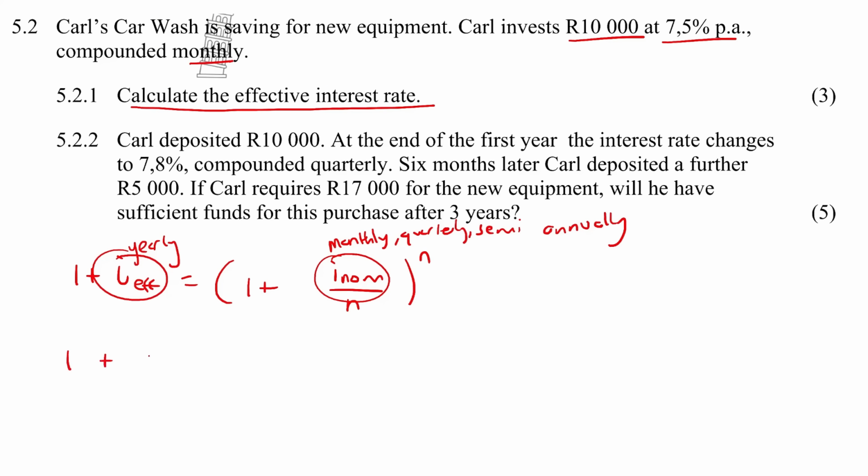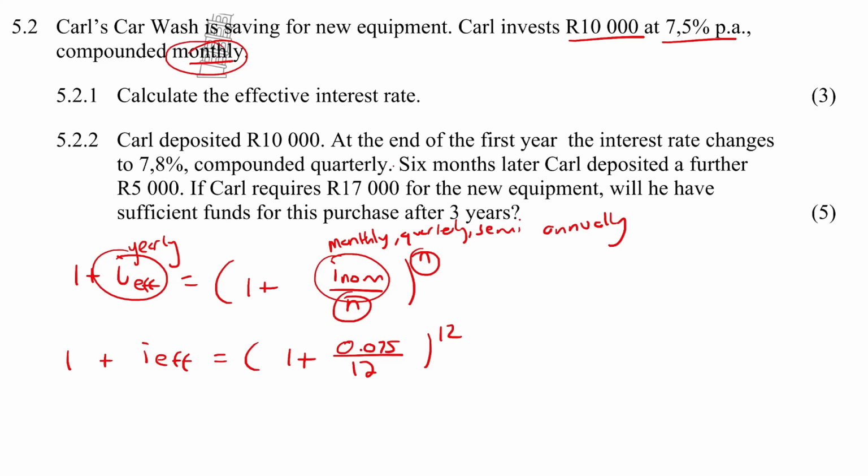So we're going to say 1 plus i effective equals 1 plus, and now your nominal is 7.5%, so that's 0.075. And then they're compounding monthly, so these two numbers always have to match. Even if the question talks about 3 years or 5 years or 10 years, you're not going to say times 3 or times 5.